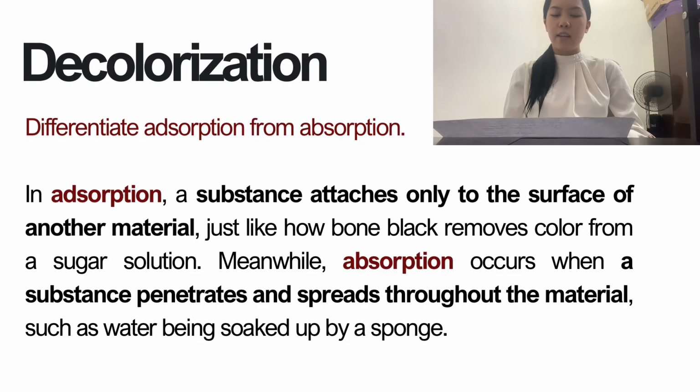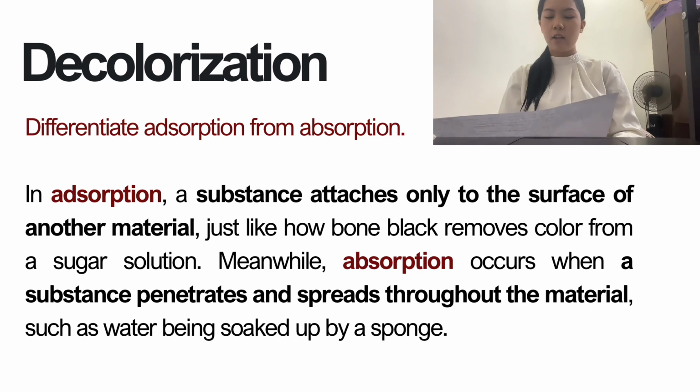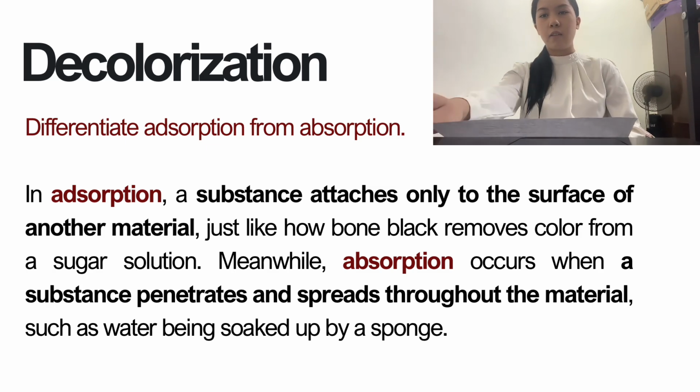Adsorption is attaching only to the surface of another material, like how the impurities stuck to the surface of the bone black while the sugar stayed dissolved. Since sugar is not attracted to it, the bone black has a surface that selectively adsorbs the colored impurities, not sugar molecules. Meanwhile, absorption, on the other hand, occurs when a substance spreads throughout another material.